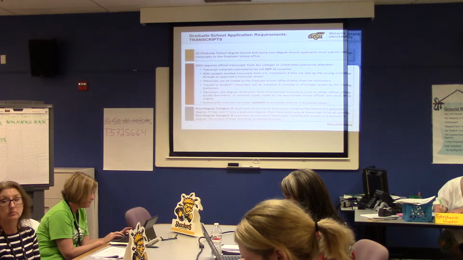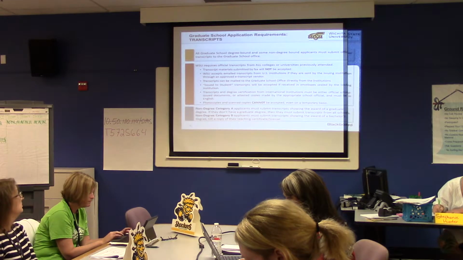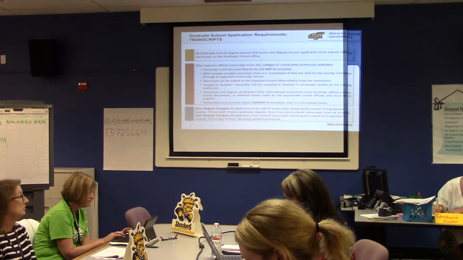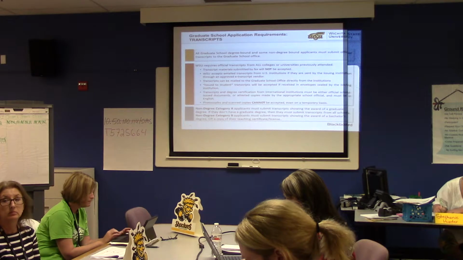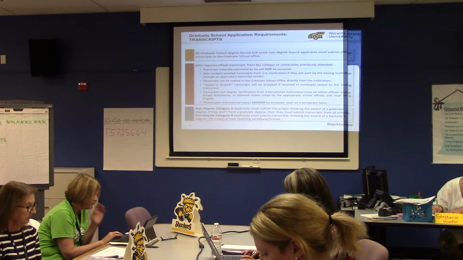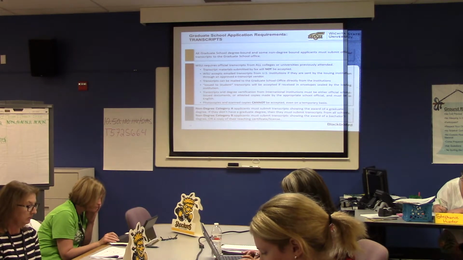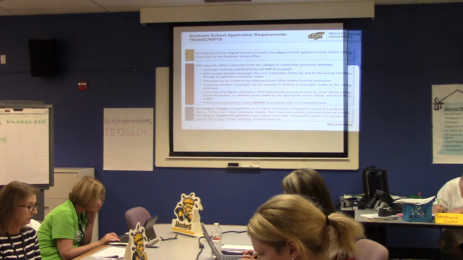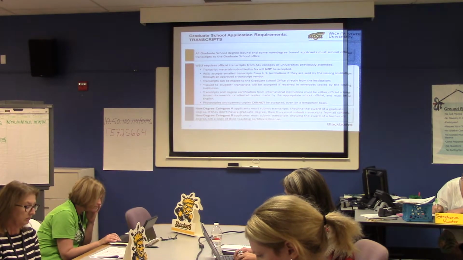Does that all make sense? And so there's the A and B category, and the B is slightly different in that they have to show one is if they already have a graduate degree, and one is if they already have a bachelor's degree or a teaching certificate license. Again, I feel like this is a very small population.